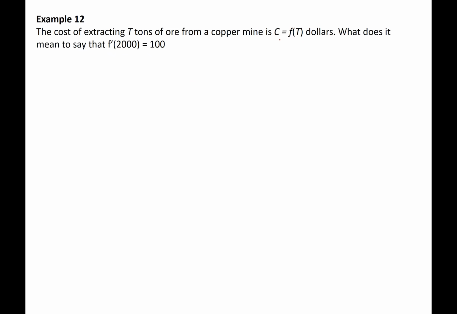That means first of all, C is the cost in dollars. T is the amount of ore in tons.